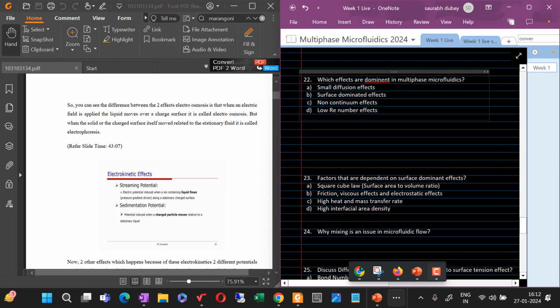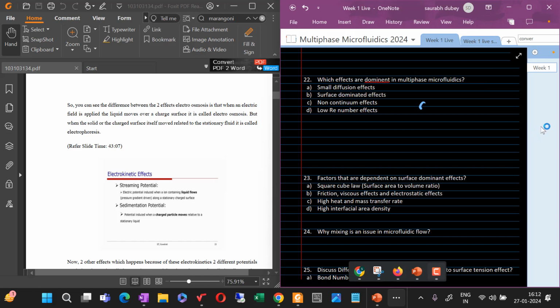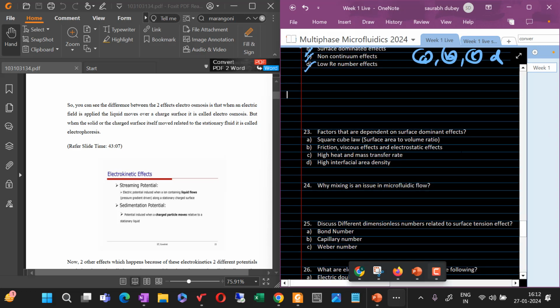Which effects are dominant in multiphase microfluidics? Small diffusion, this one is clear. Small diffusion effect, surface dominating effect, non-continuum effect, low Reynolds number effect. I think all four are correct. A, B, C, and D is the correct one here. And in this one, what are the factors that are dependent on the surface dominated effects?